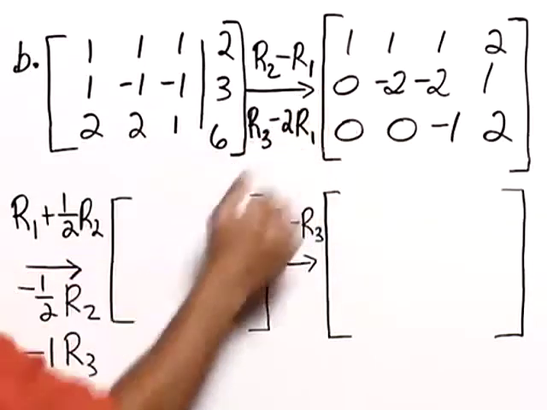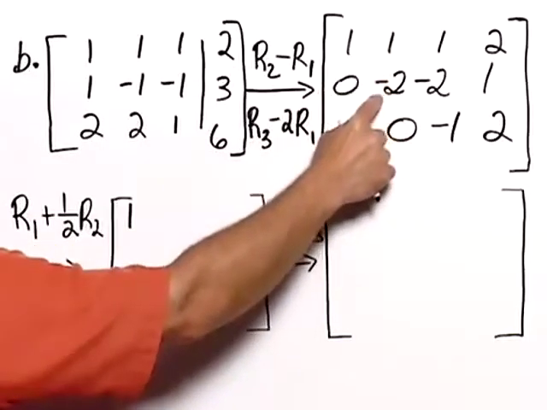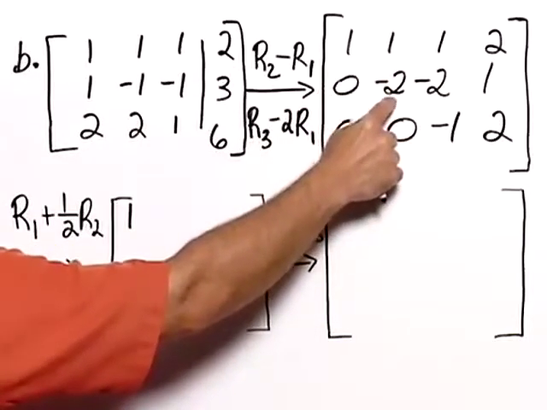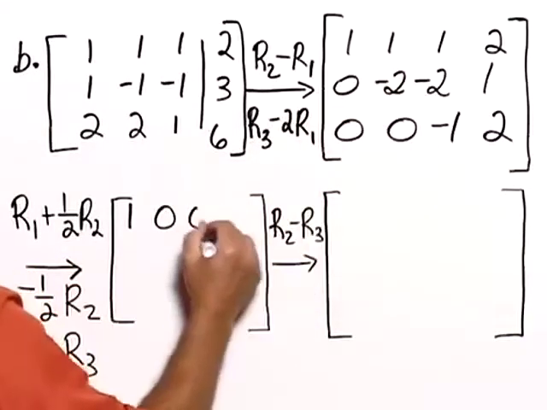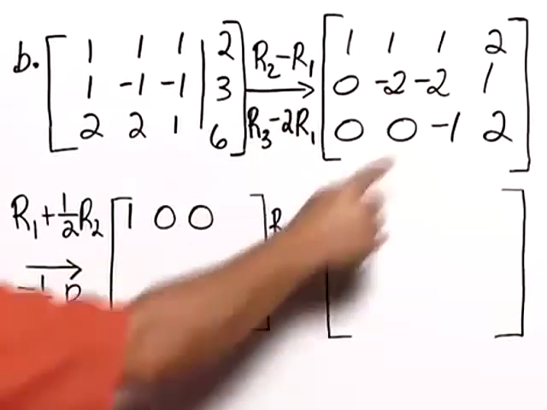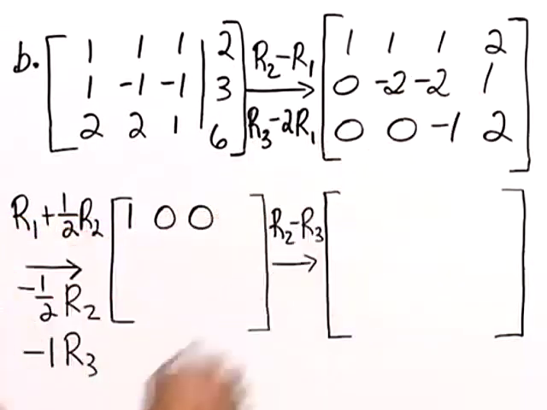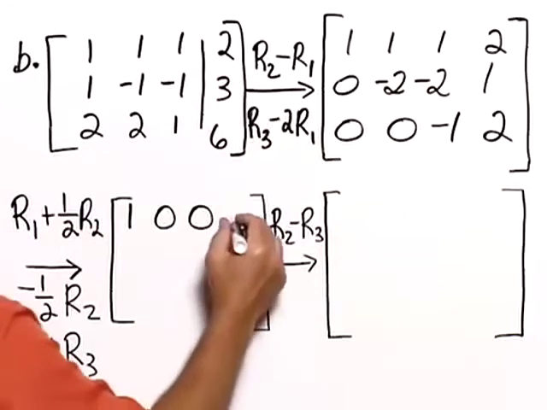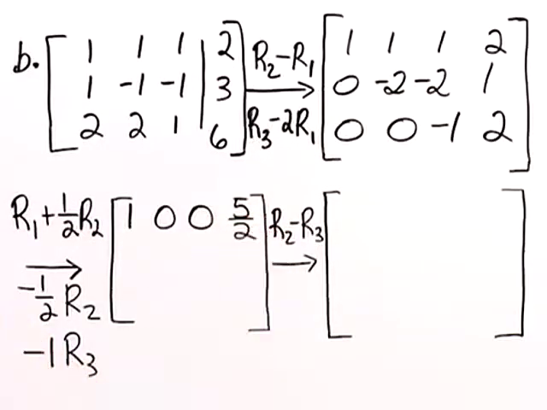So 1 plus 0, 1. 1 minus 1/2 of 2, which is 1 minus 1 for 0. Same thing for this one. Now we have 2 plus 1/2 of 1. So it's 2.5, which I will write as 5/2. Another operation, we want to take row number 2 and multiply it by negative 1/2.